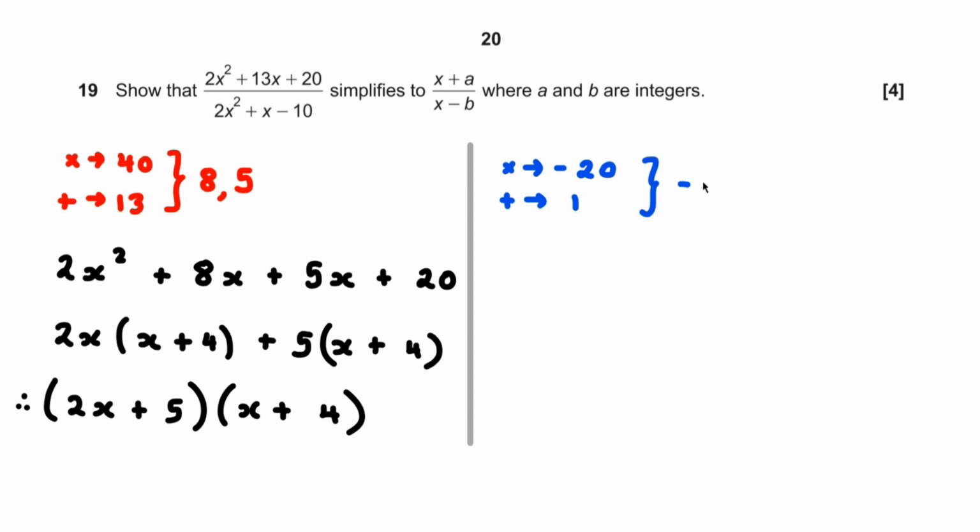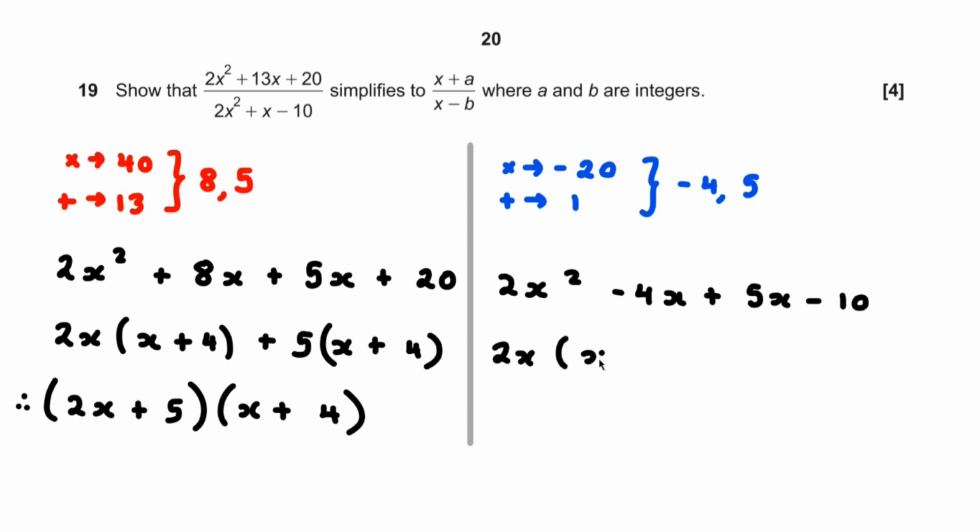Well, we have negative 4 and 5. So, I've got the 2x squared, and then I'm going to subtract 4x, then add on 5x, then subtract 10. So factorising the first two terms, I end up with 2x, and then inside the bracket I've got x subtract 2.